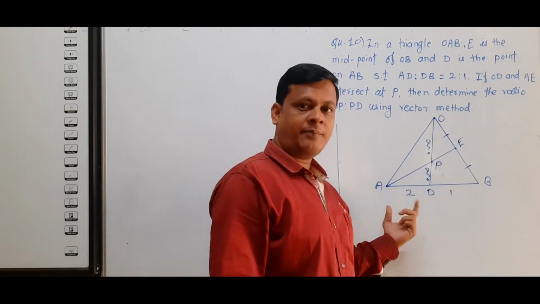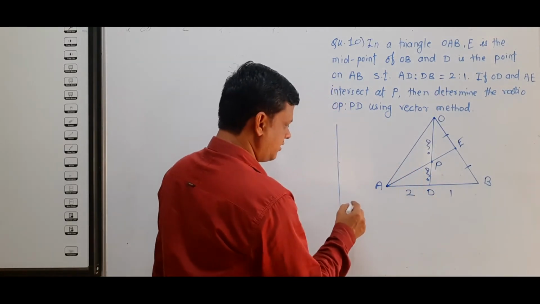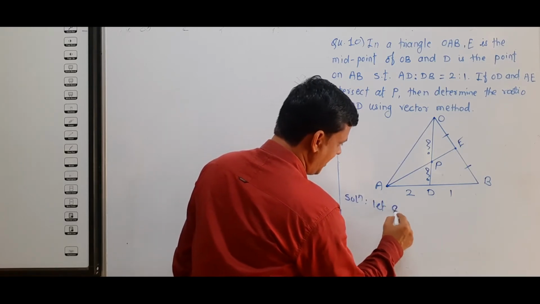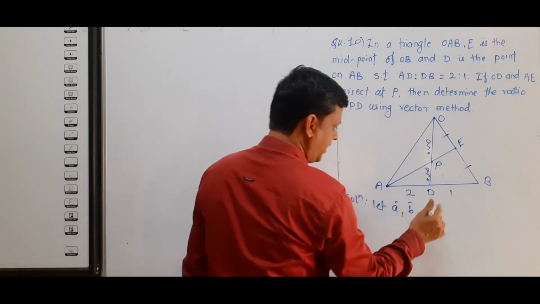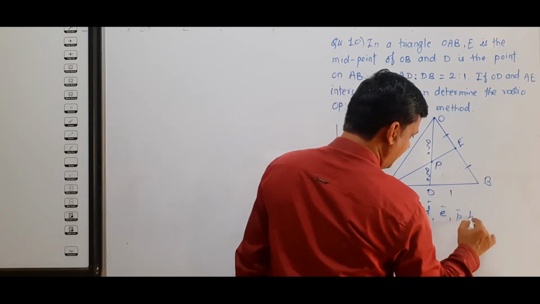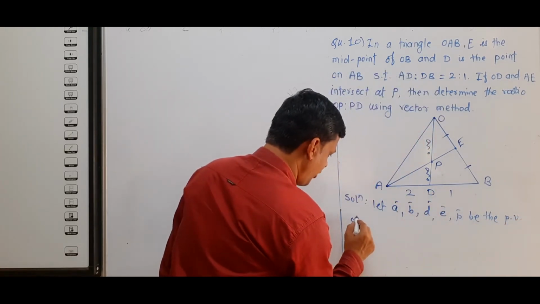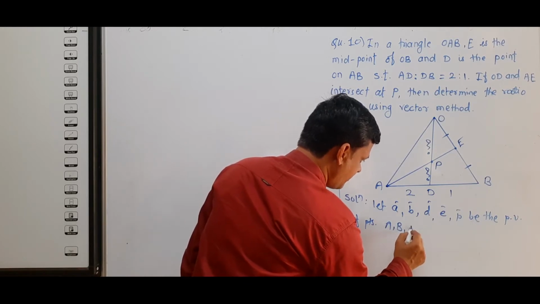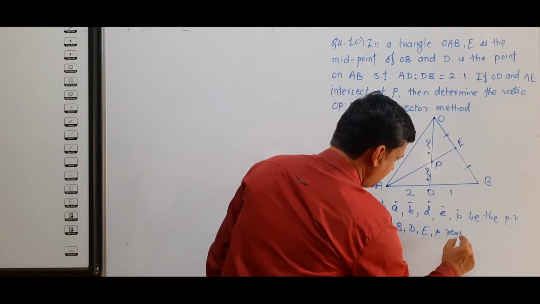So we use the given part for that. First we write the position vectors. So write in the solution: let A bar, B bar, and the position vectors of D as D bar, E bar, P bar be the position vectors of points A, B, D, E, P respectively.